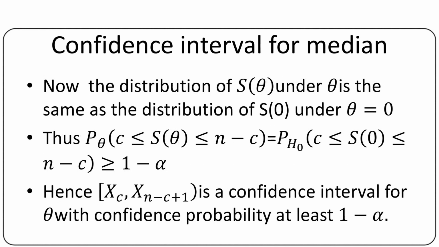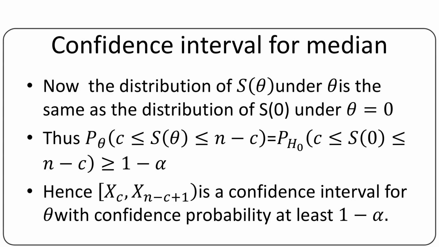Since the distribution of S theta under theta is the same as the distribution of S0 under H0, we have probability under theta, C less than or equal to S theta less than or equal to n minus C, equal to probability under H0, C less than or equal to S0 less than or equal to n minus C. Since the test is of level alpha, the right hand side probability above is at least 1 minus alpha.